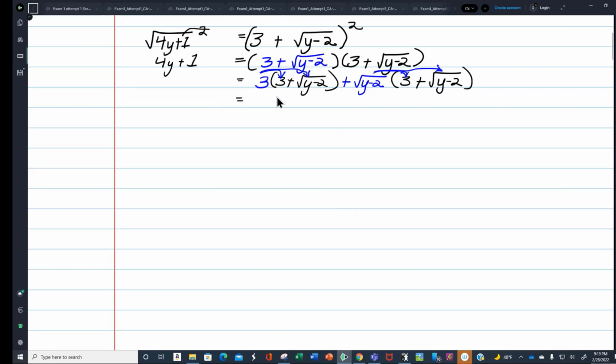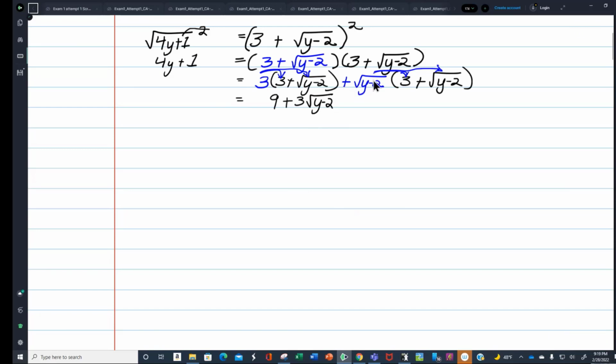Three times 3 is 9. 3 times plus the square root of y minus 2 is 3 times the square root of y minus 2.